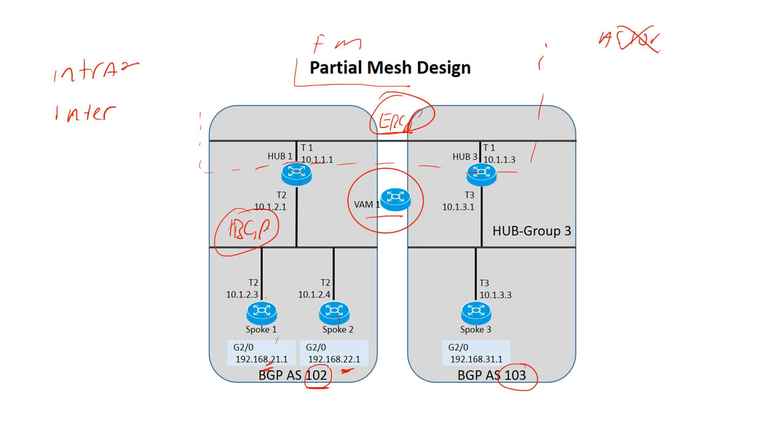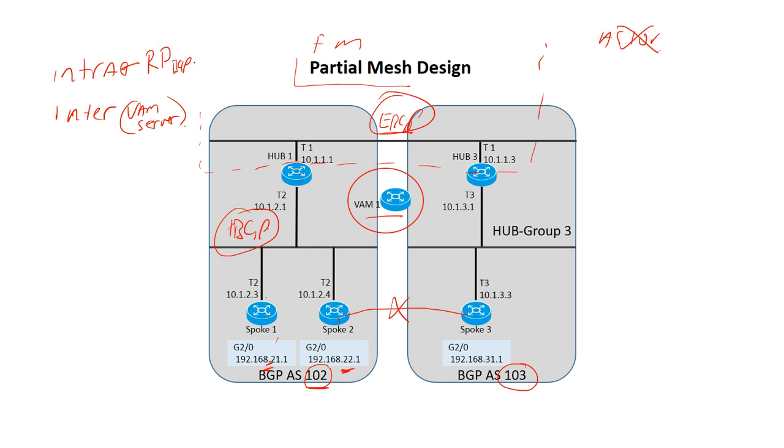Intra area, the mesh, whether partial, full mesh, or hub and spoke, is pretty much all determined within a routing protocol, like BGP. On the other hand, the inter area connections, between areas, the difference will be determined on the VAM server. The VAM server will decide whether this guy can set up a full mesh topology or not.